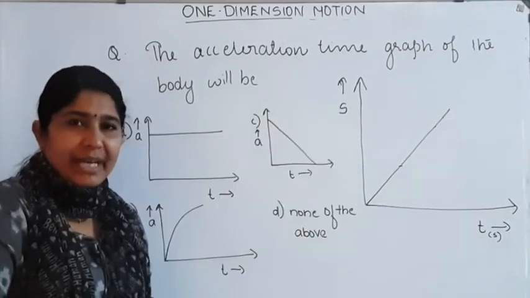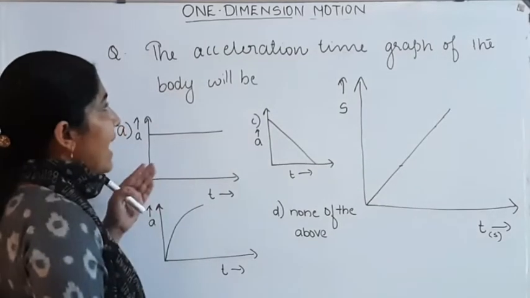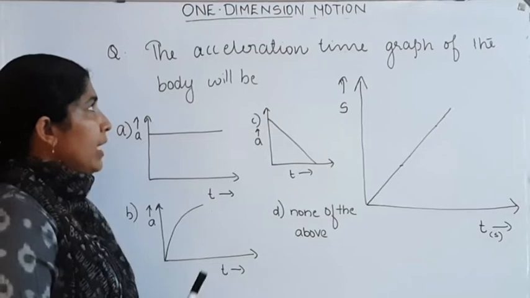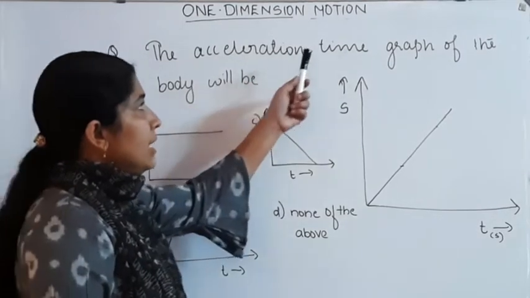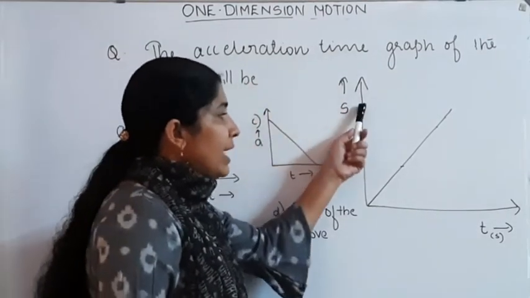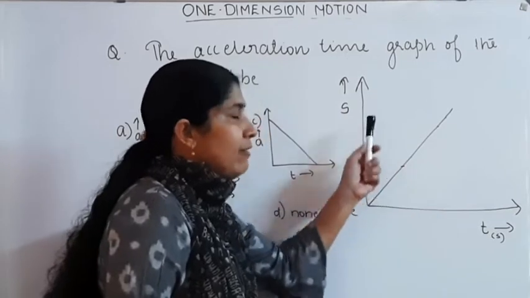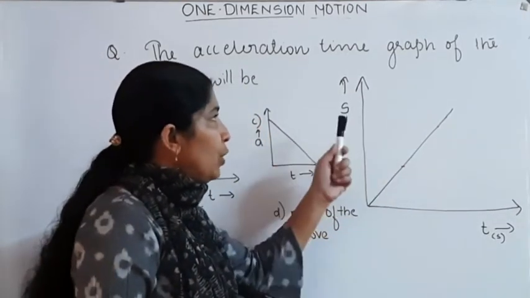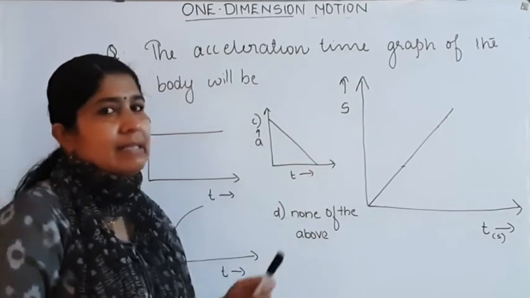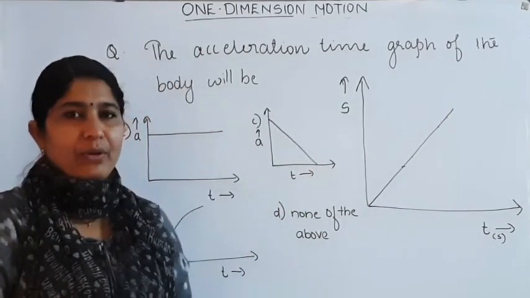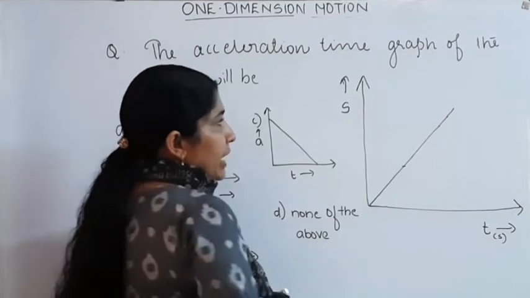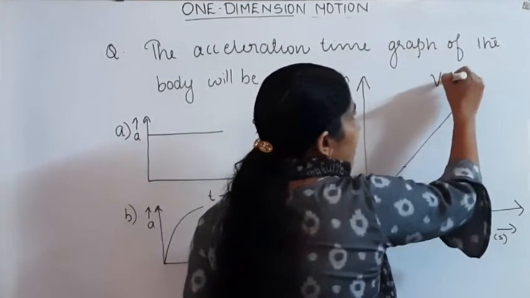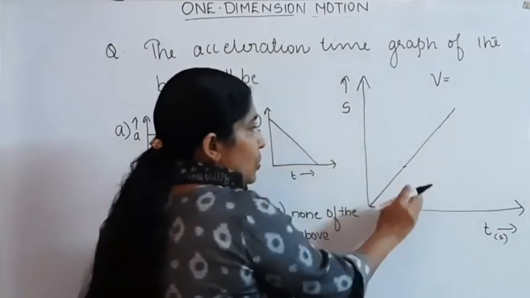Okay. Our next question, acceleration time graph of a body will be. To find out the acceleration time graph, position time graph of the body is given. From the position time graph, it is very clear that velocity is equal to the slope of the position time graph.